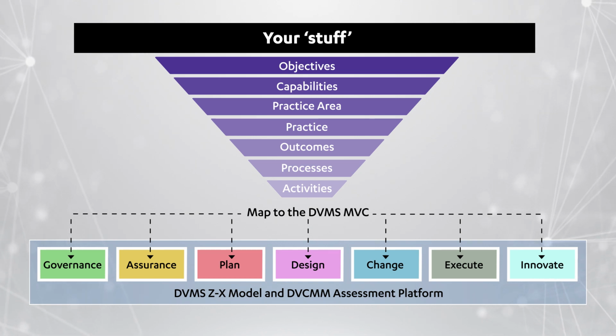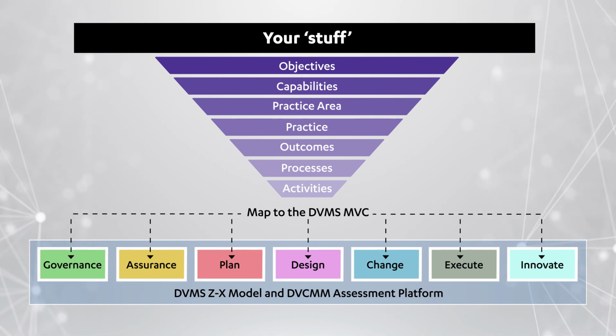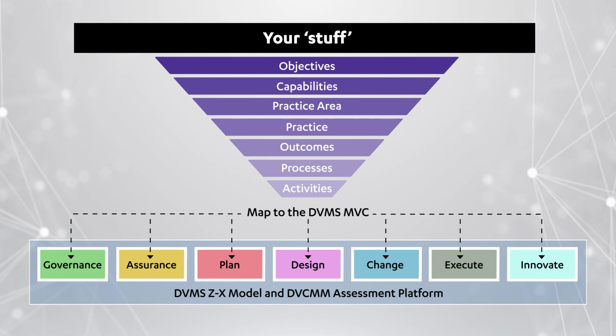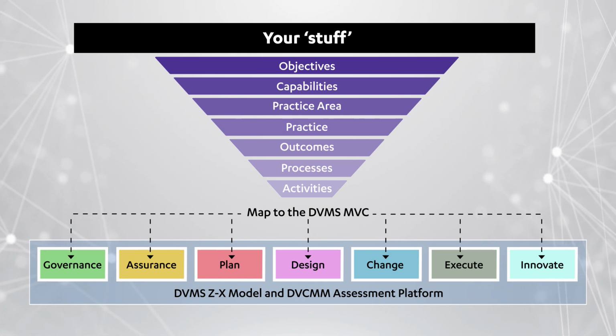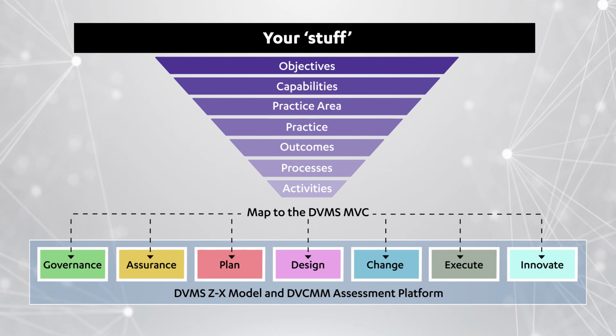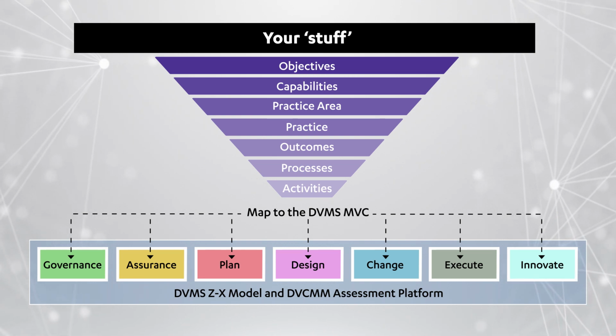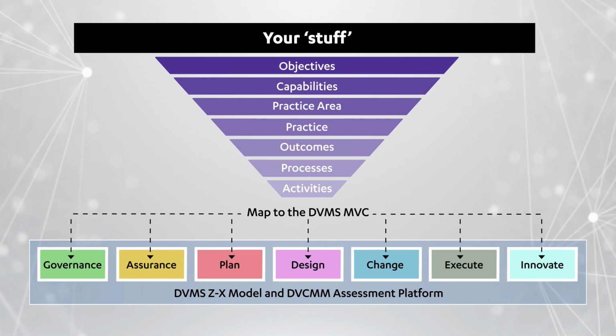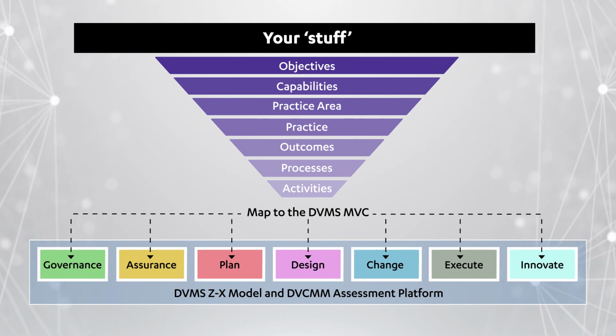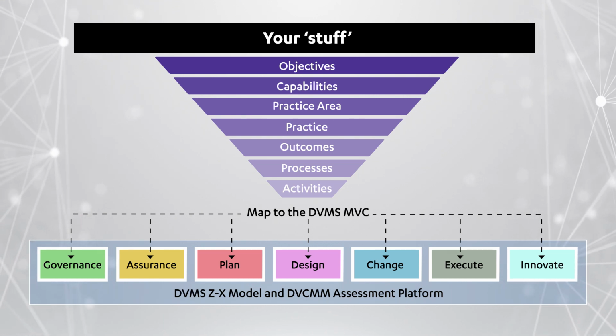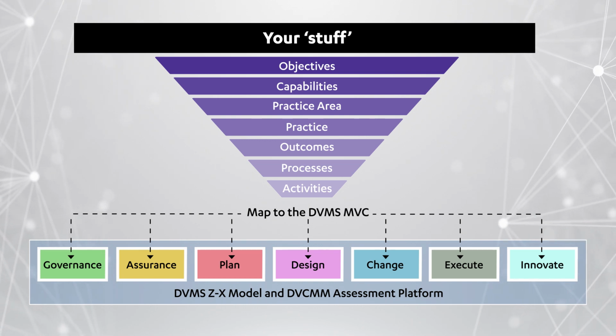So we might use something like the digital value capability maturity model to look at our existing capabilities and assess, for example, whether we have sufficient visibility. Do we have sufficient visibility at an operational level? Do we have sufficient visibility at a strategic level?